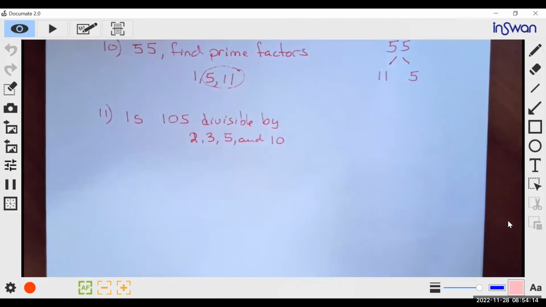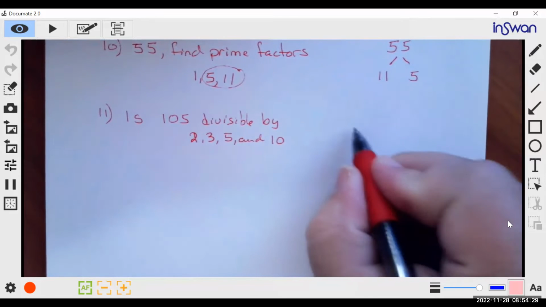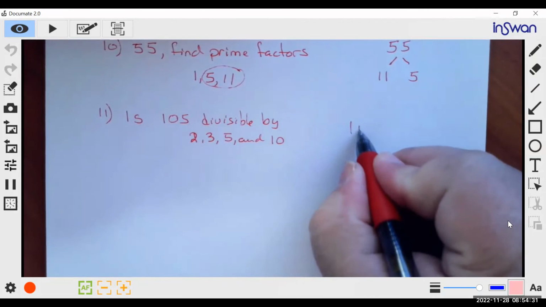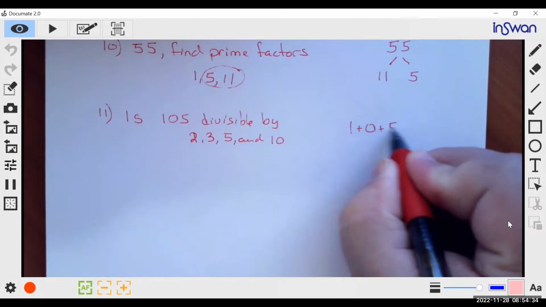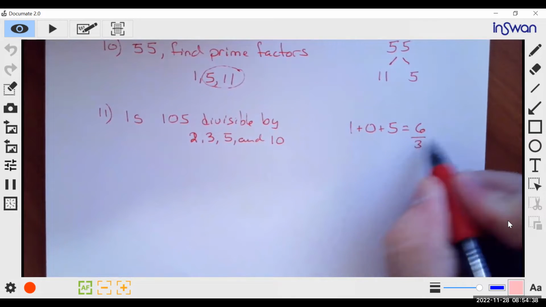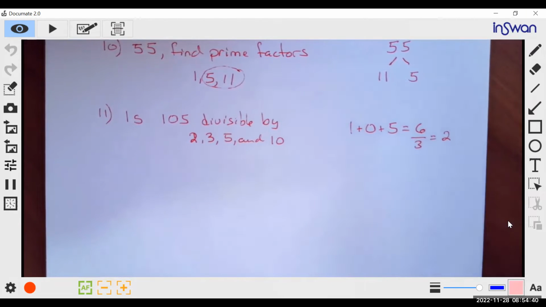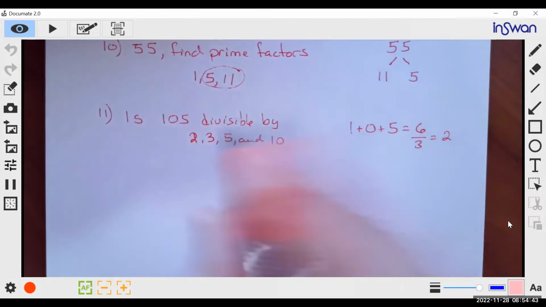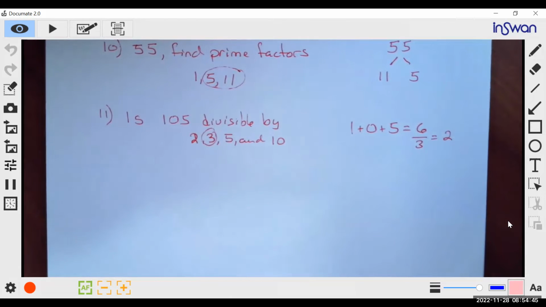What numbers go into 105? Are you sure? How do you know that? Actually, the rule was this. If you take the digits of 105 and add them together, if that number is divisible by 3, then 105 is divisible by 3. So we know it's divisible by 3.